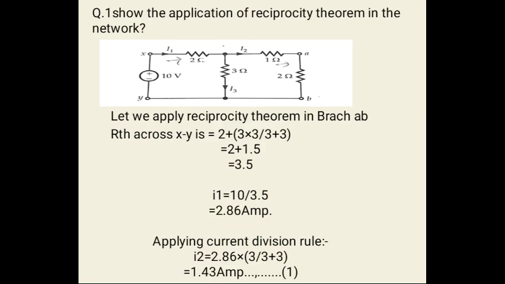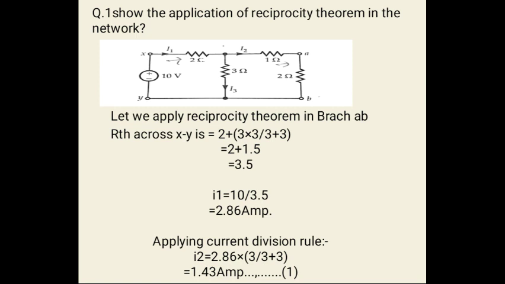Now we take an example to understand the reciprocity theorem. The figure shows the application of the reciprocity theorem in the given network. In the given network there is a voltage source of 10 volt. So we select a branch for reciprocity. Let the branch be the AB branch, in which a 2 ohm resistance is connected.